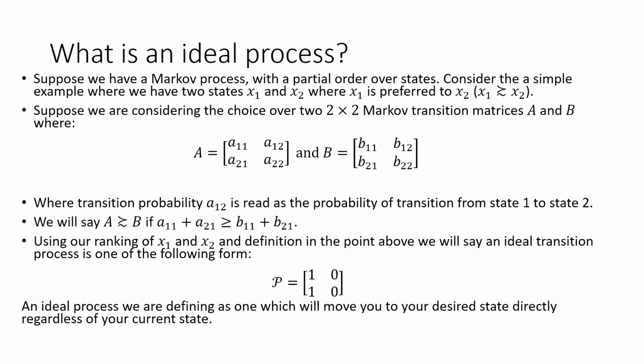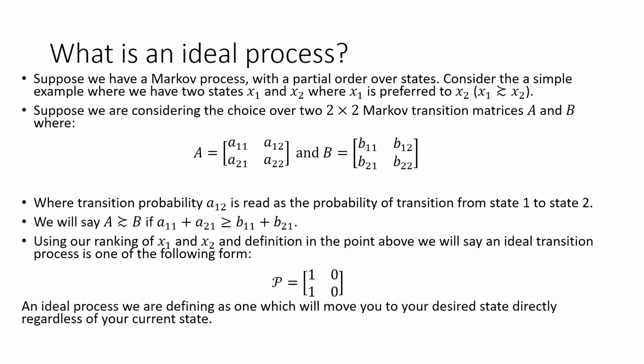Suppose that we are considering a choice over two by two Markov transition matrices A and B, where A and B are as follows. We can call state 1 healthy and state 2 sick. We're going to read A12, or alternatively B12, as the probability of transitioning from state 1 to state 2.